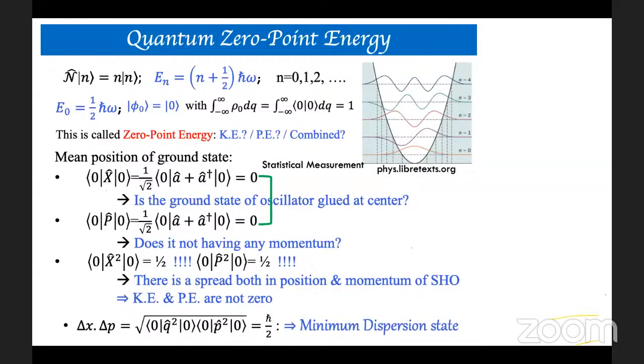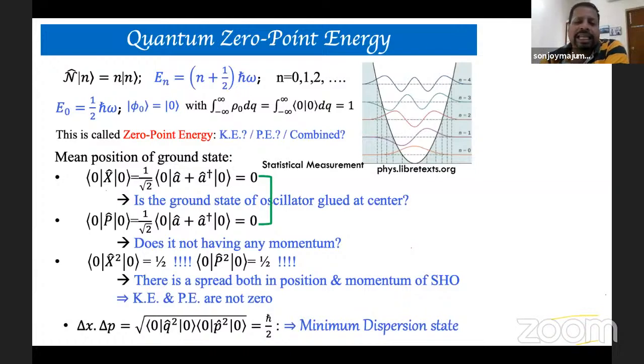Yeah. The thing is that, as someone pointed out, this is a single mode, a single particle, what we are talking about. If you have n number of particles, you have to just add them up.